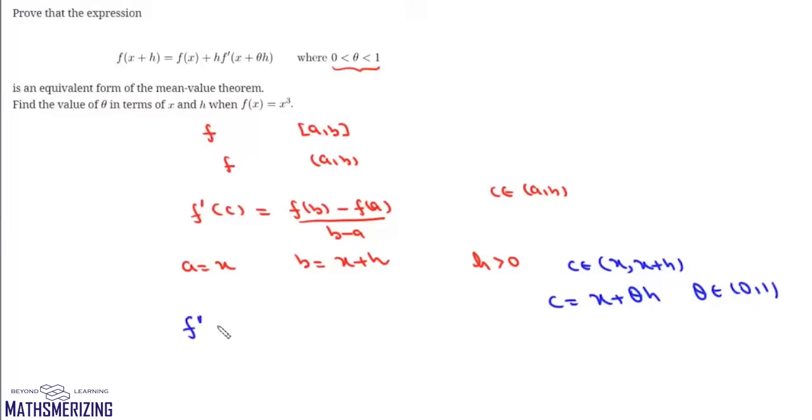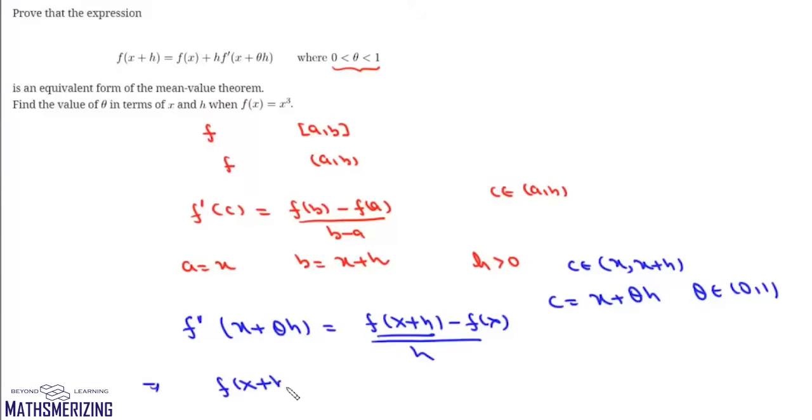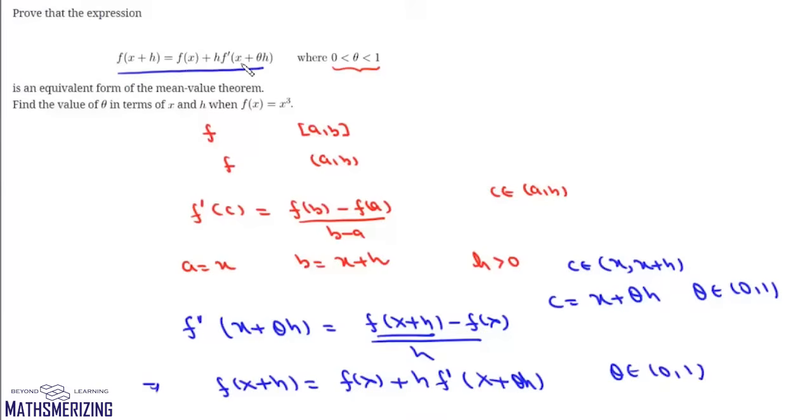We can write f dash (x plus theta h) will be equal to f(x plus h) minus f(x) upon h. Now we rearrange it. We can write f(x plus h) as f(x) plus h into f dash (x plus theta h), where theta lies between 0 and 1. So that's your alternate form for Lagrange's mean value theorem.